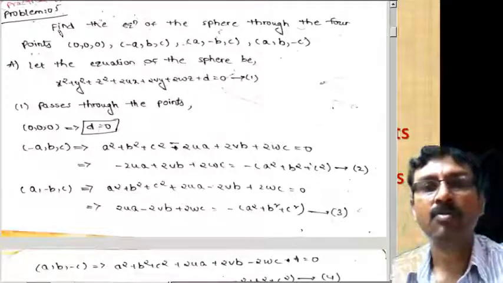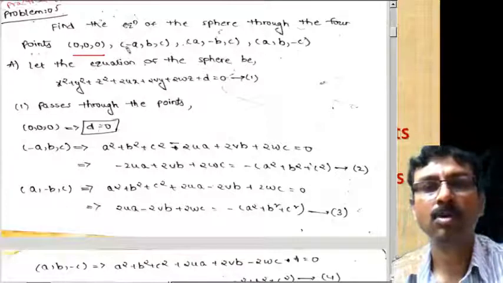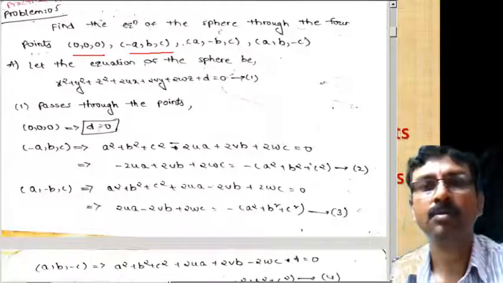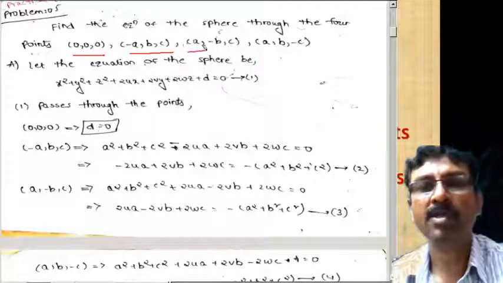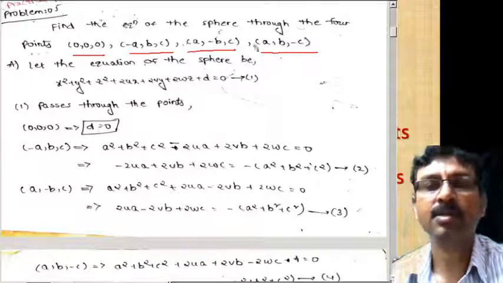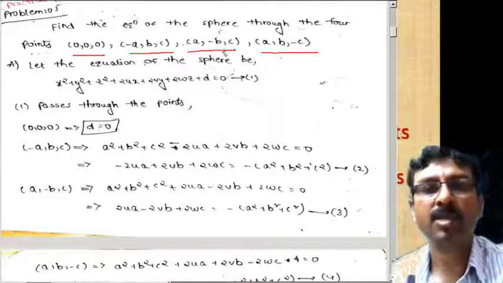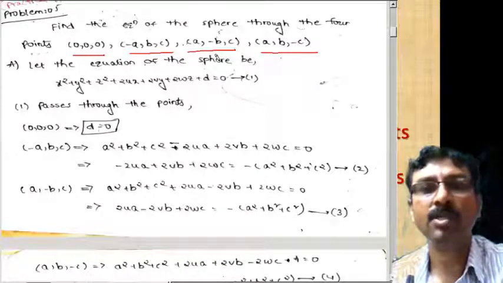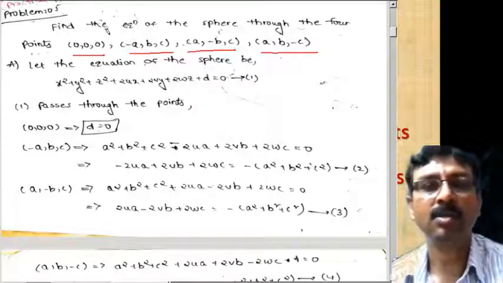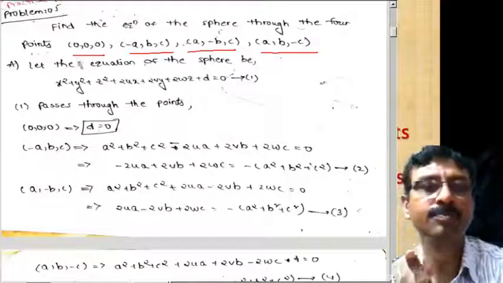Here is the question. Find the equation of the sphere through the 4 points 0, 0, 0 and -a, b, c, a, -b, c, a, b, -c. The 4 points are given. Among these, one is the origin.